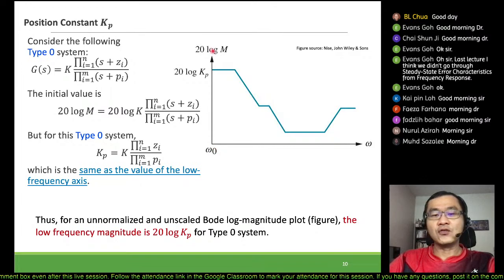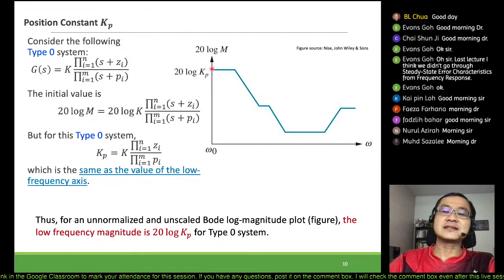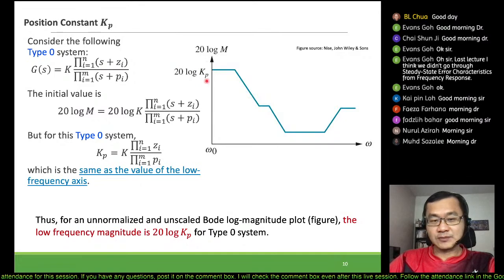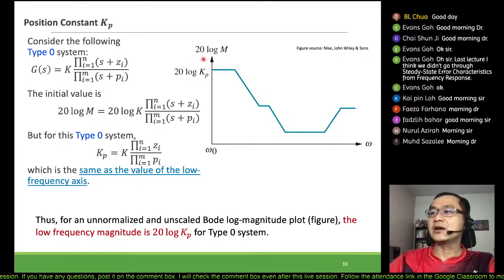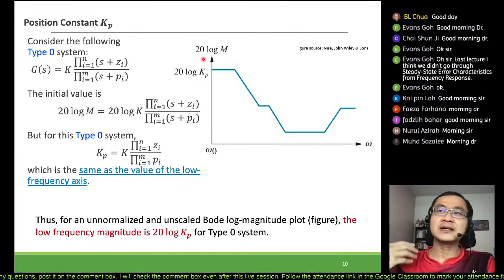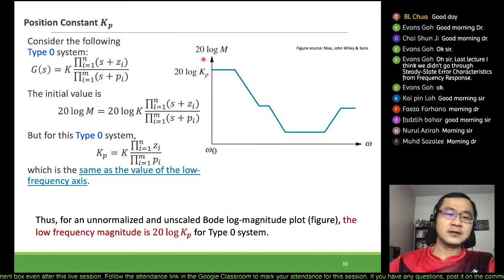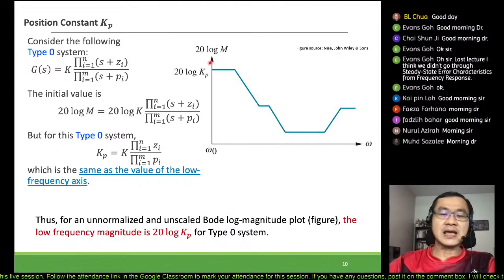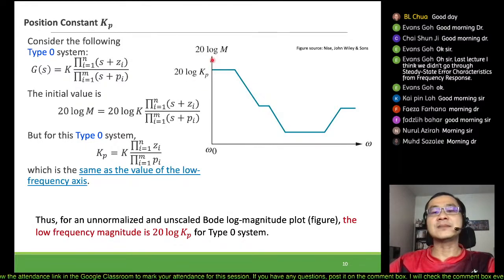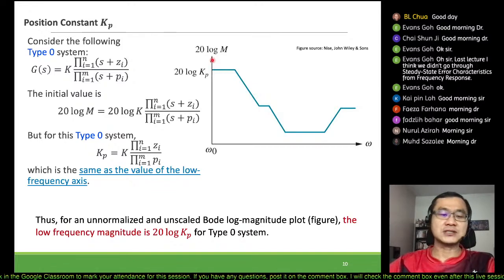So at the low frequency, the intersection with this y-axis would be your value of kp. This magnitude would be your kp when you plot it according to the real magnitude, not the normalized one. So this is how you would be able to get or estimate your kp position constant.